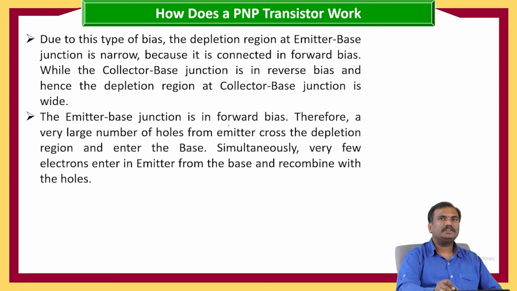The emitter base junction is in forward bias. Therefore, a very large number of holes from the emitter cross the depletion region and enter the base. Simultaneously, a very few electrons enter the emitter from the base and recombine with the holes.